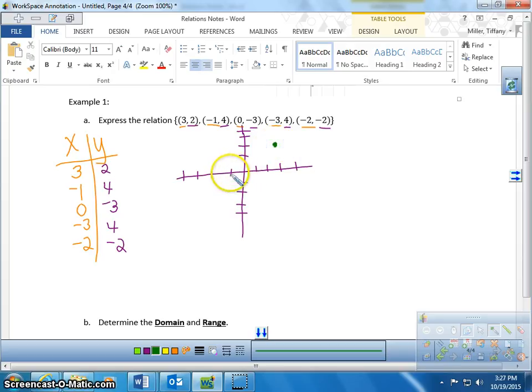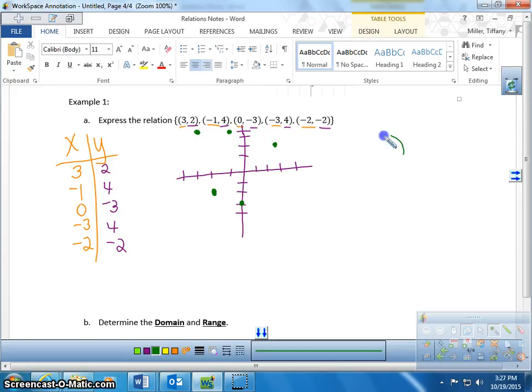My next point, -1 up 4. 0, -3. -3 up 4. And lastly, over -2 and down -2. Again, we do not want to connect these points. They are all just a list of separate ordered pairs.